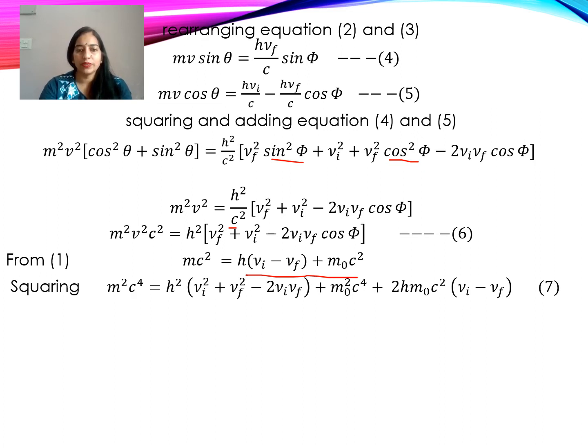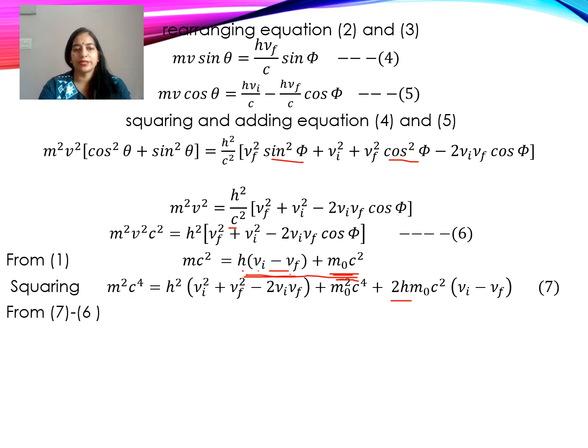First we have to open a square, then b square, plus 2ab. So h square times nu I square plus nu f square minus 2 nu I nu f for this term, plus m naught square c to power 4 for this term, plus 2 h nu I minus nu f m naught c square for this term. Equation 7.